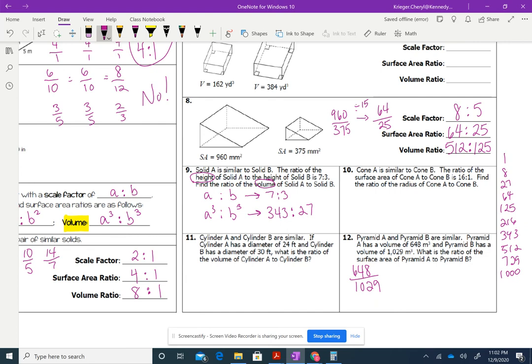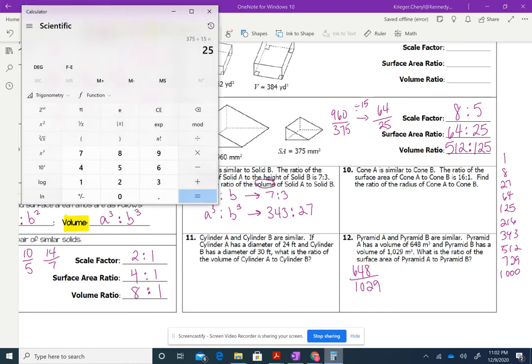Okay, so what could possibly be a factor of 648? Maybe 64, maybe 216. So let's see, 648 divided by 216. Oh, that worked. Okay, so let's see what 1029 divided by 3 is. 1029 divided by 3 is 343.